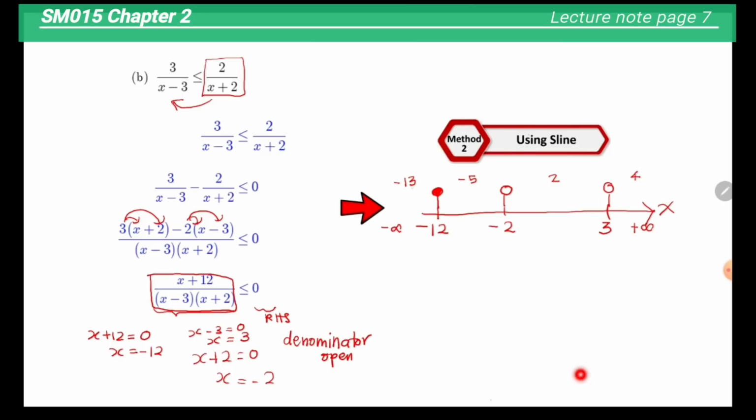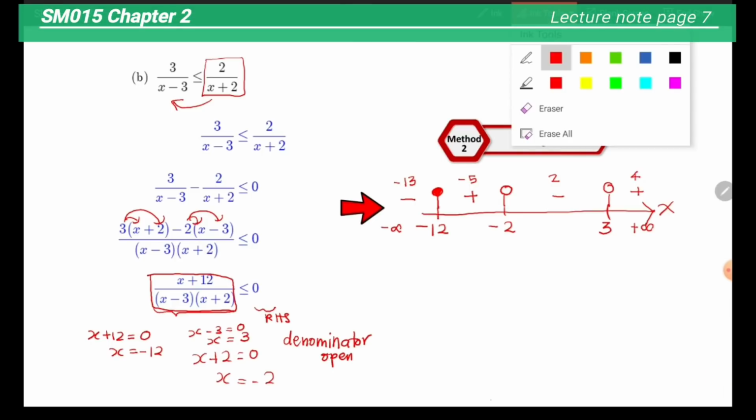So now we can calculate each of these numbers in our expression using the calculator. For -13, it will show you the negative sign. For -5, you will have positive. Do the same for the interval -2 up until 3, and you will get negative, and positive for the last interval.